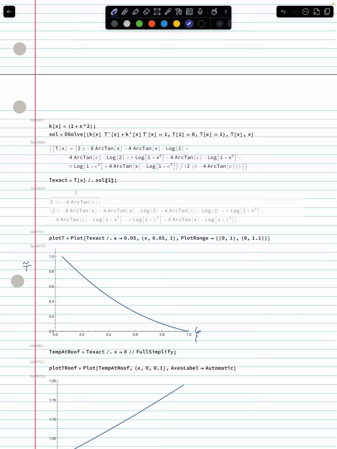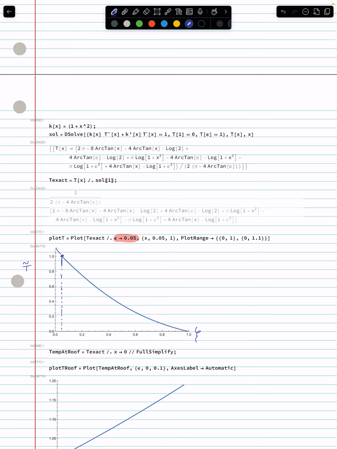And the boundary condition that we have used is that temperature is equal to 1 where x or xi is equal to epsilon. And in this case, I have chosen epsilon equal to 0.5. So this is exactly where the boundary condition in the problem was imposed.